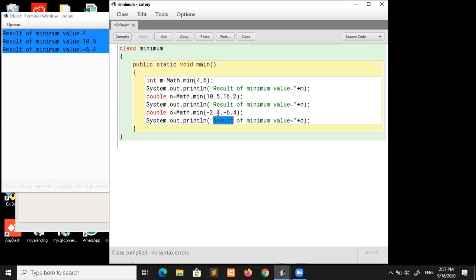Same way here the argument is in the double format, that too with a negative sign. So it doesn't get affected. The min function handles all these things. Clear? Yes, ma'am. Okay. Any query in this? Simple concept?